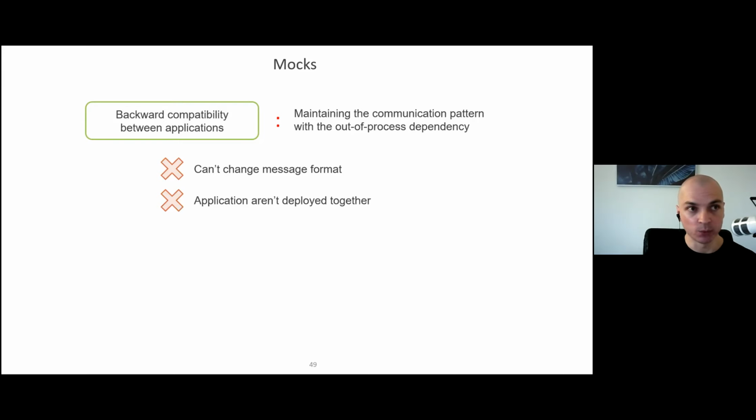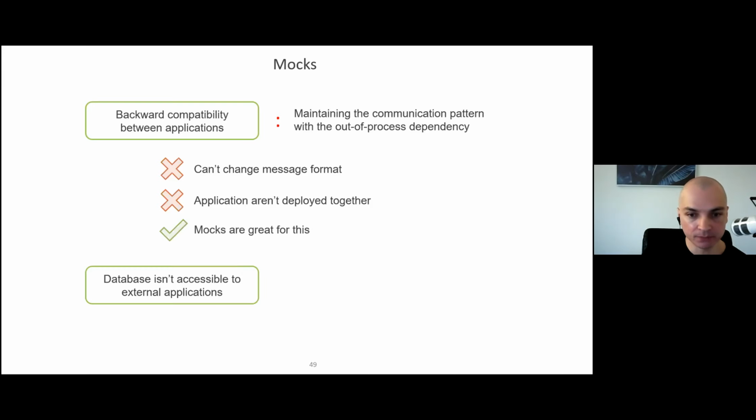That's why you have to maintain backward compatibility, so that even old versions of that application will be able to talk to your application. And mocks are great for that. They are great for ensuring that the communication pattern between your application and those other applications remains intact, so that you don't break those other applications.